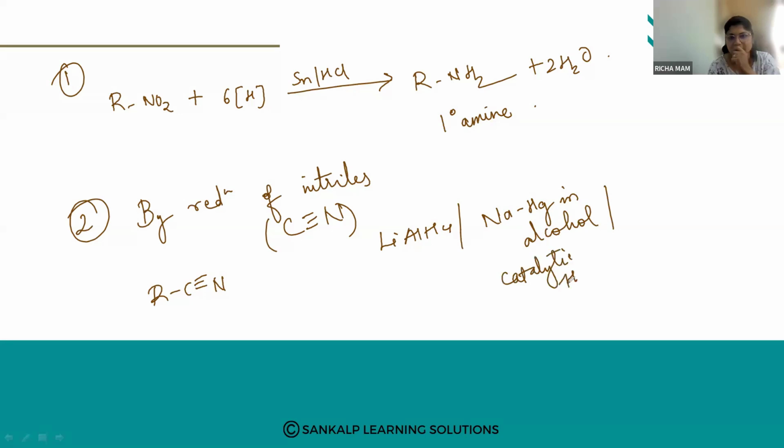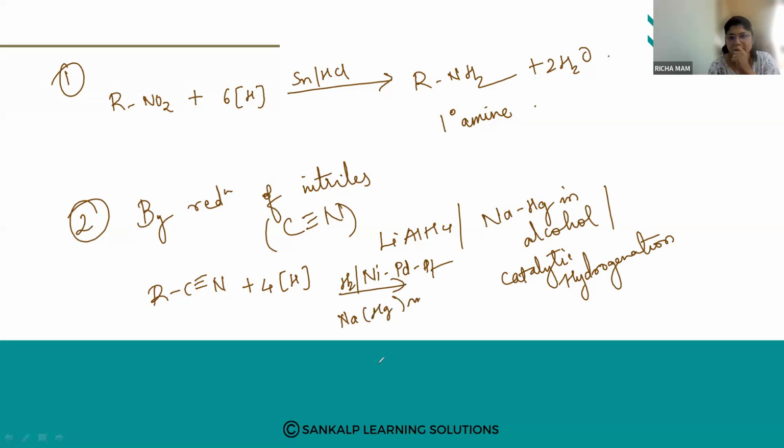We add hydrogen in the presence of H2 with nickel, palladium or platinum, or you can use sodium amalgam in alcohol, or lithium aluminum hydride. You can use any one.